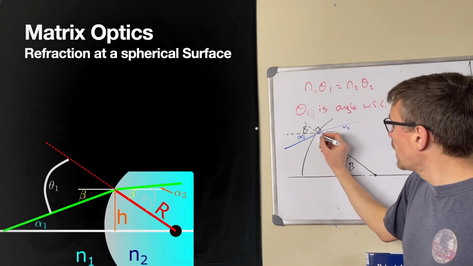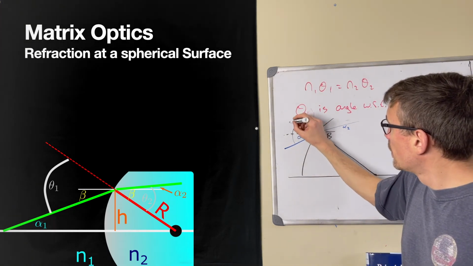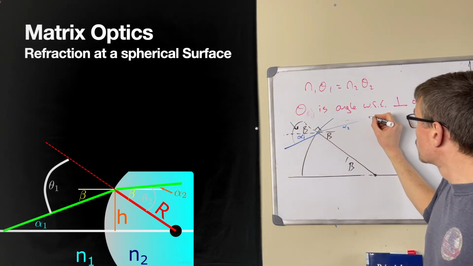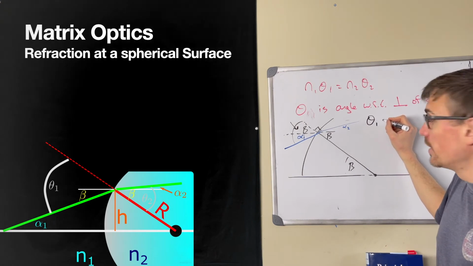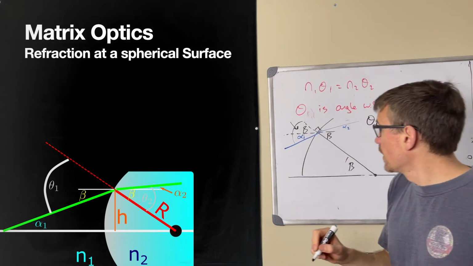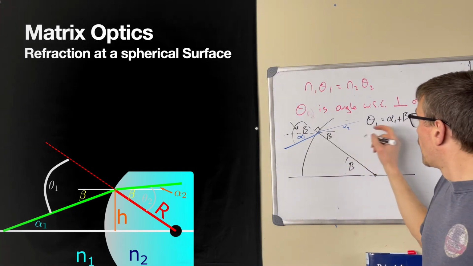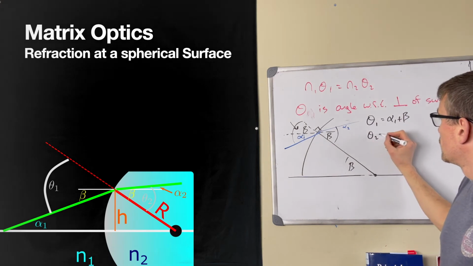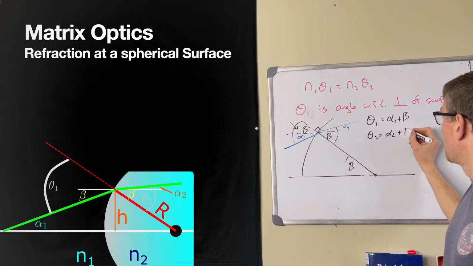But we can see it's the angle of the ray with respect to the normal of the surface. So we have theta 1 is equal to alpha 1 plus beta. Similarly here, theta 2, that's this angle here, is equal to alpha 2 plus the same beta.